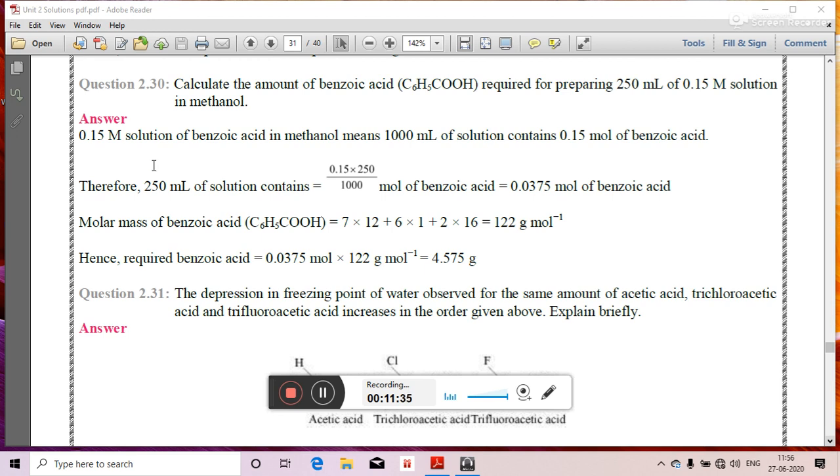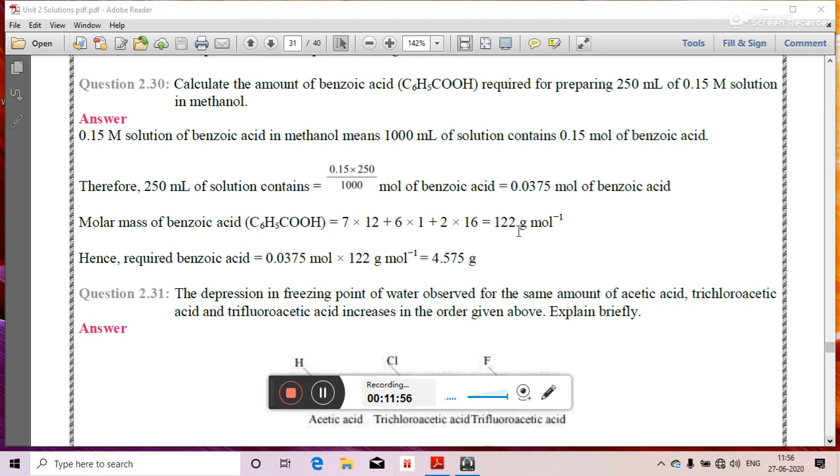So 250 ml of solution will contain, by cross multiplication, 0.15 into 250 upon 1000, that is equal to 0.0375 moles of benzoic acid.